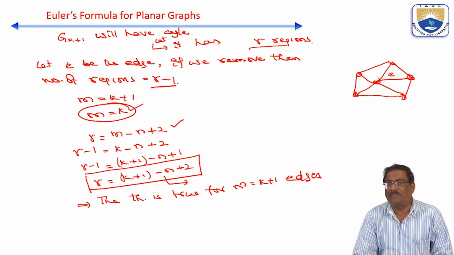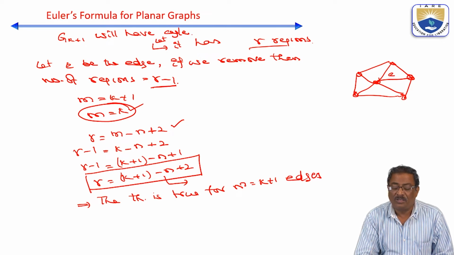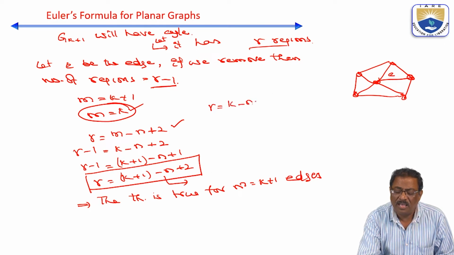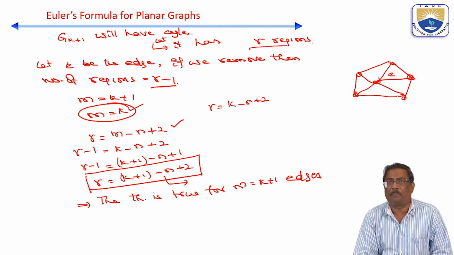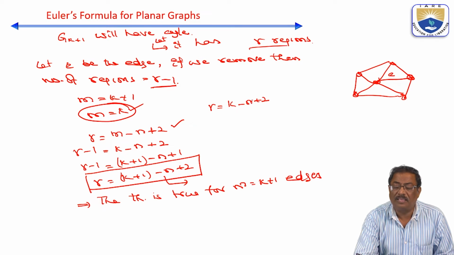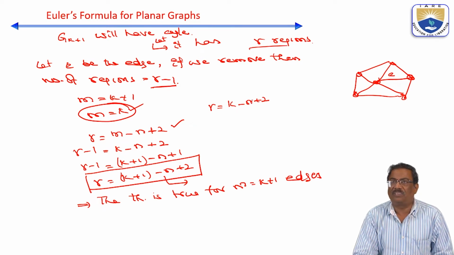Whenever the number of edges is k, then automatically the theorem is true for m equal to k. So we write that Euler's theorem is true for m equal to k. This is the assumption step, the hypothesis. That means we assume the theorem is true for m equal to k.